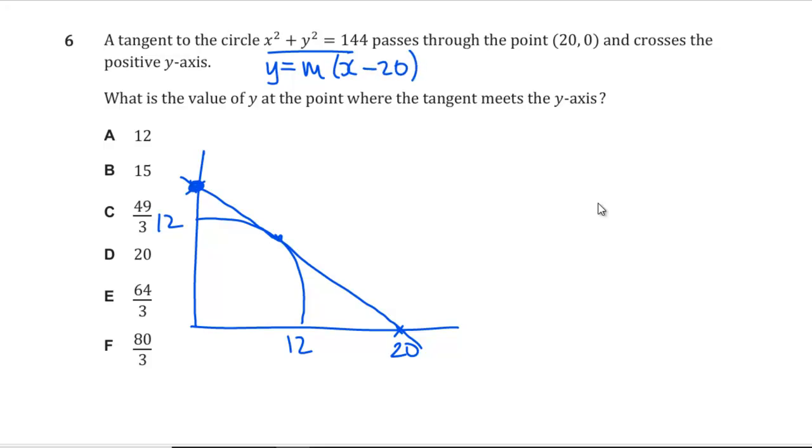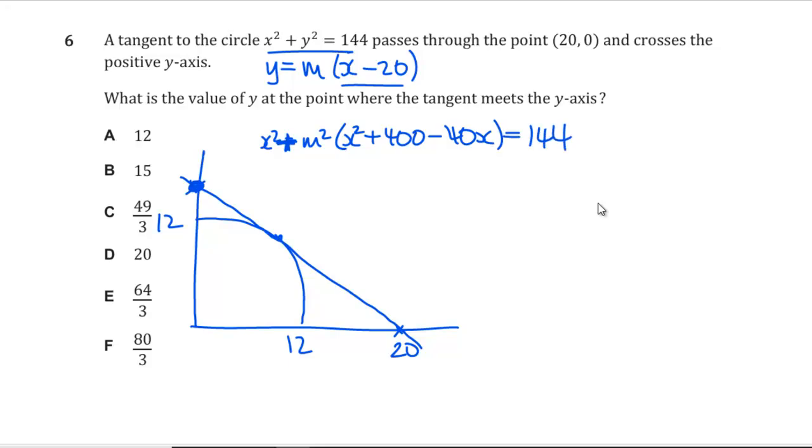So sub that in, solve for m when there's just one solution. That's got to be the way to go, isn't it? So x squared plus m squared, I've got to expand this bracket and square that. So x squared plus 400 minus 40x, and that equals 144.